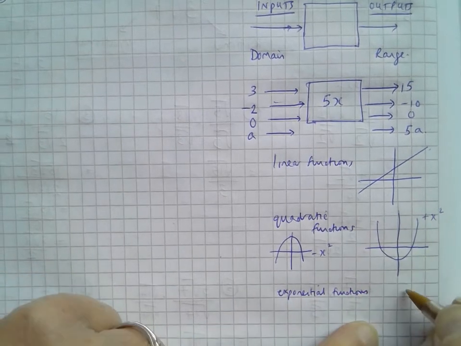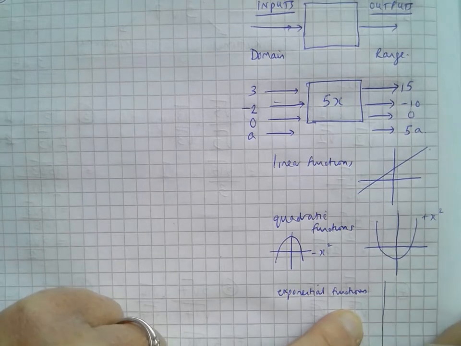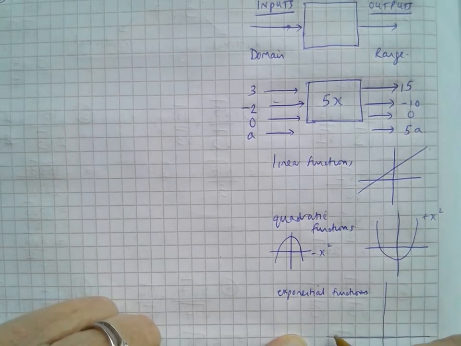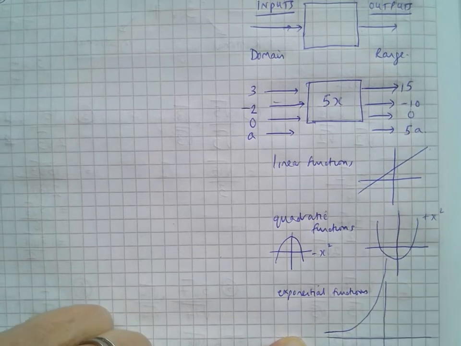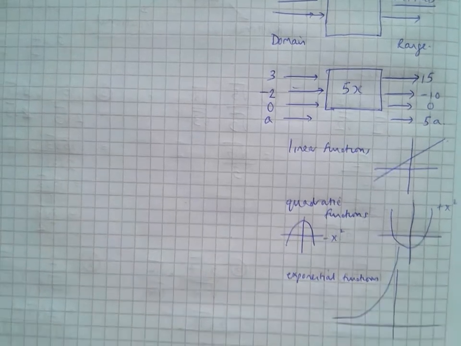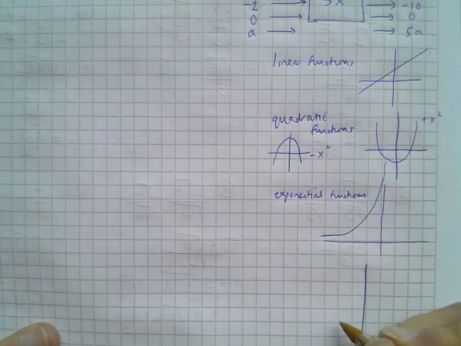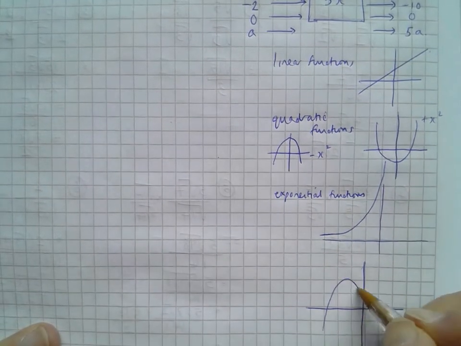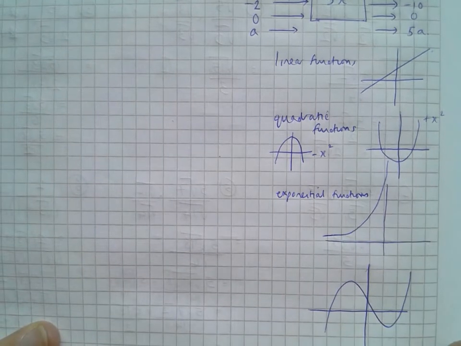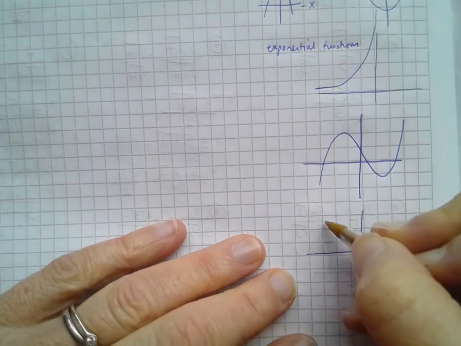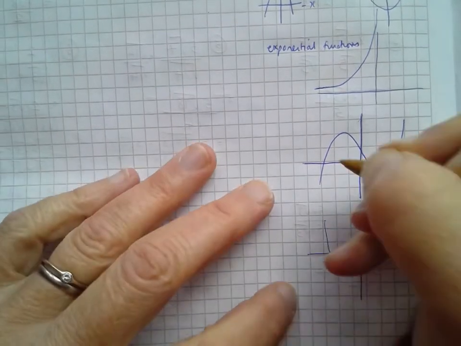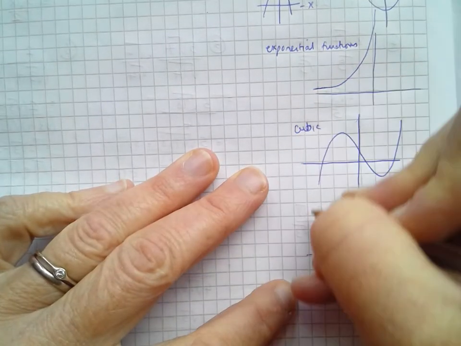Exponential functions are a bit weird. They start off really slow and then they shoot up. And then in Leaving Cert we have cubic functions, which can have either this shape or the other shape of a cubic, like this. We'll worry about those again.